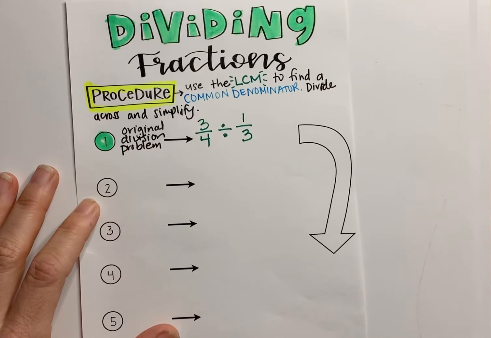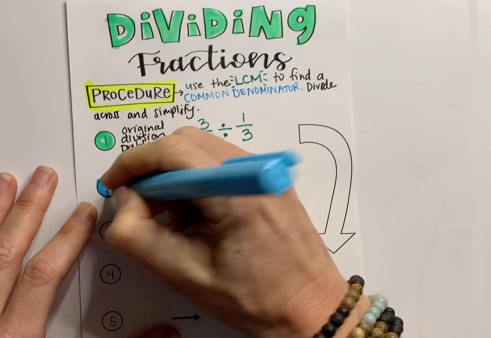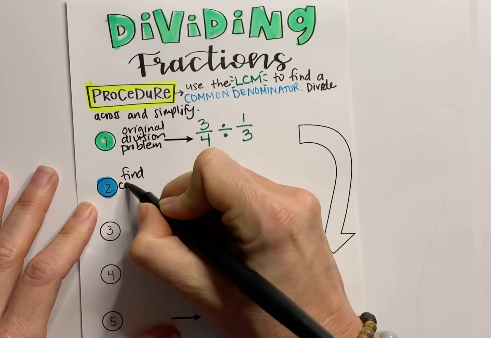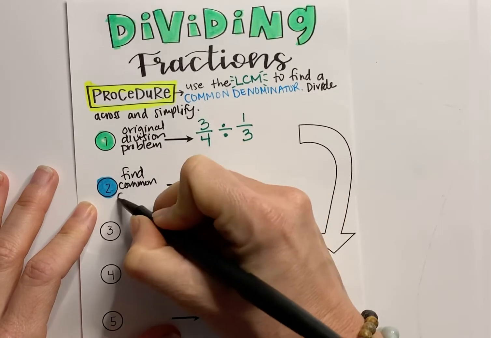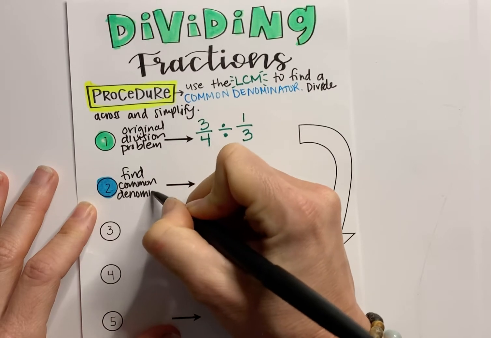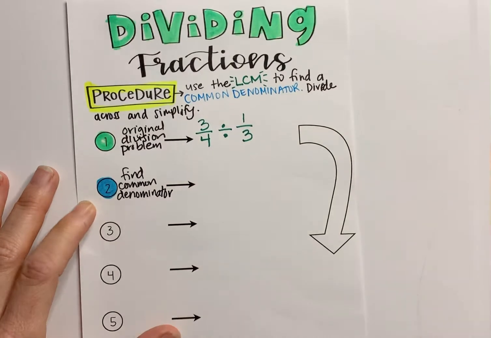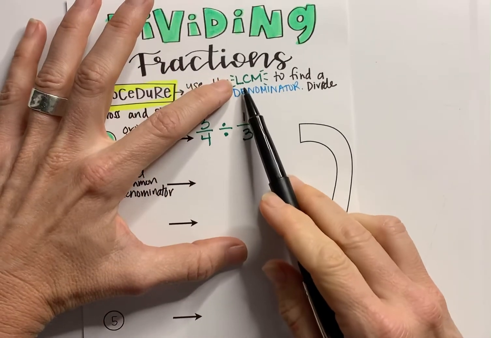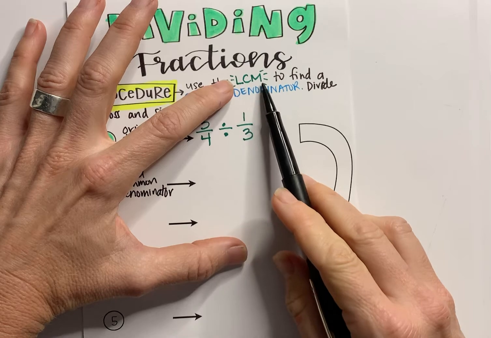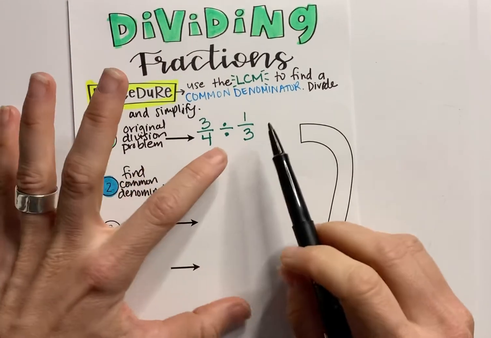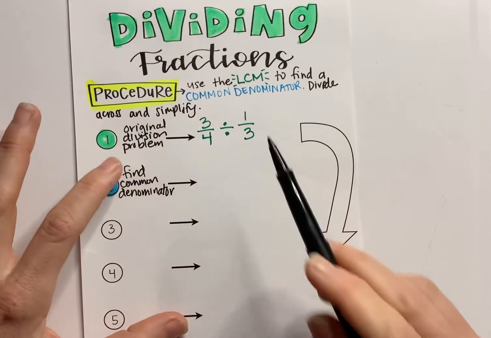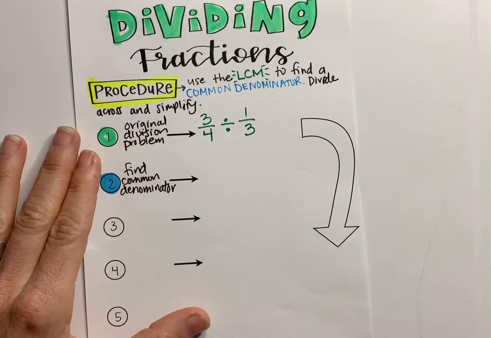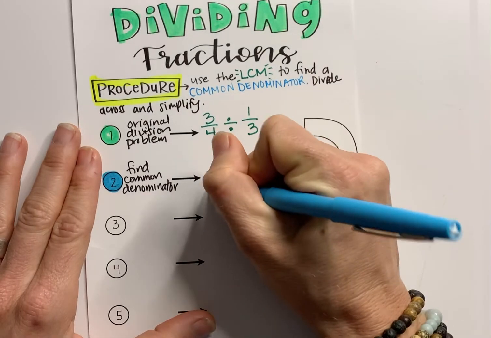Our next step is to find the common denominator. I can see we have fourths and thirds, and we need to use the LCM, the least common multiple. If I'm skip counting by fours and by threes, when is the first time I land on the same number? From our multiplication patterns, we know that's going to be 12.